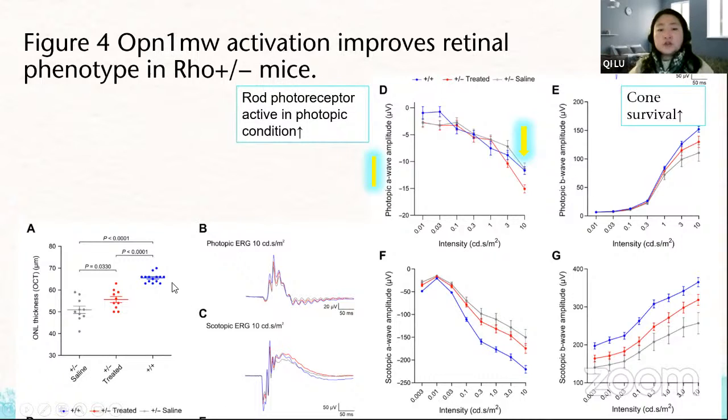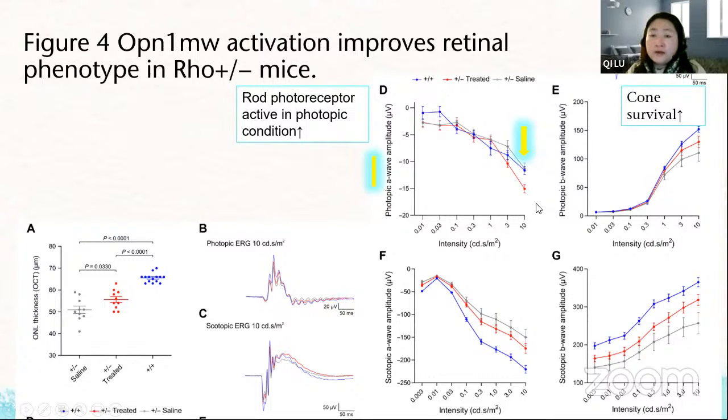Because it's functional data, they're using the rhodopsin heterozygote mice. So it's the red data, and it shows that it's not matched to the wild-type retina. Firstly, let's look at the photopic A wave. Generally the results are quite close, and as the light intensity increases, the wave's current gets larger.